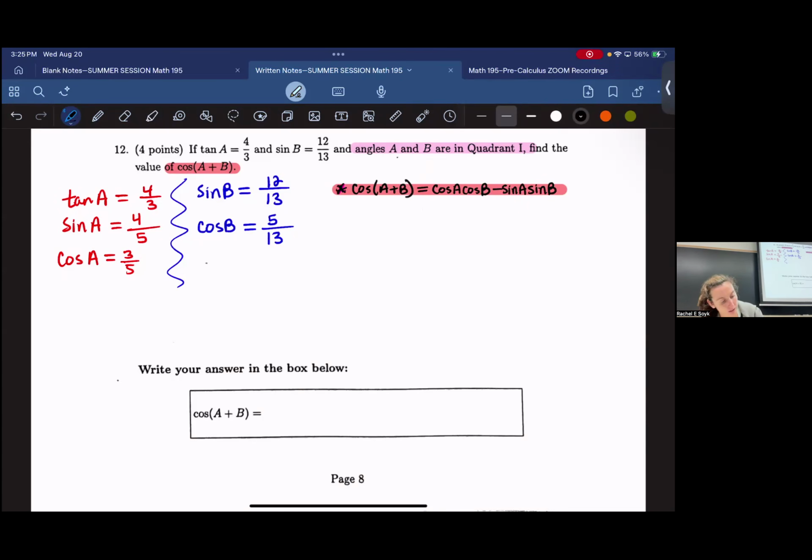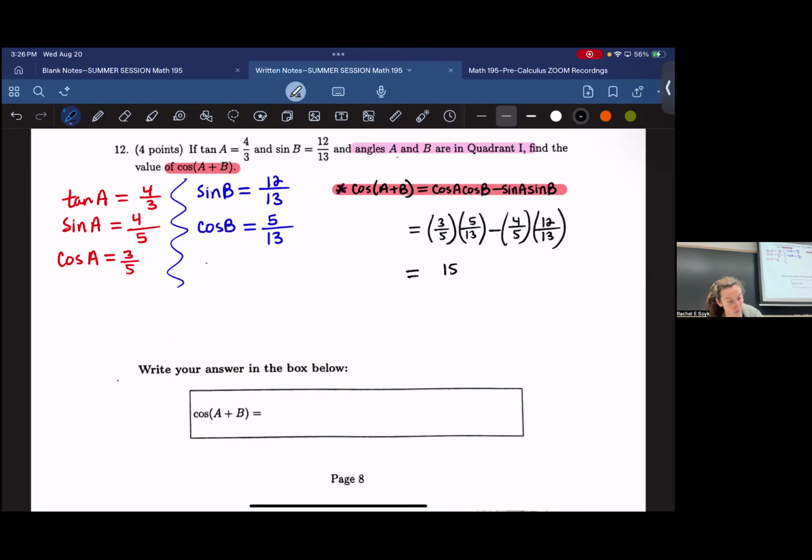Now we're just substituting in. So we have cosine A, which is 3/5. Cosine B is 5/13. Minus sine A is 4/5. And sine B is 12/13. Simplify and we get 15.